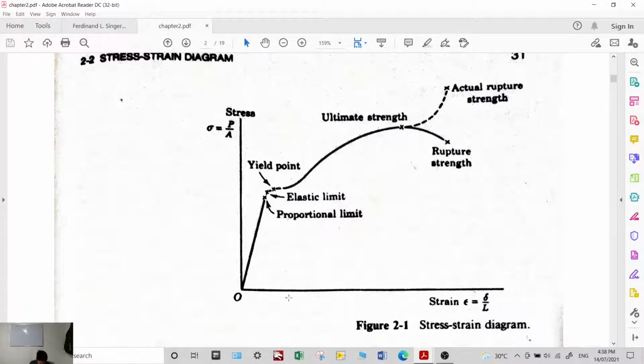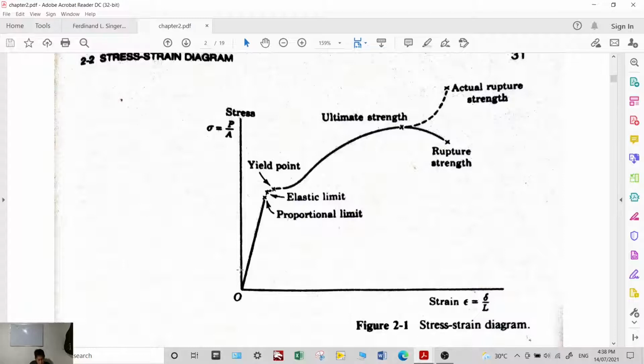Okay, so now this is typically for a steel material. So when you apply a load or a force in a tensile test in a steel, the relationship between the deformation and the force that is being applied is linear or proportional.